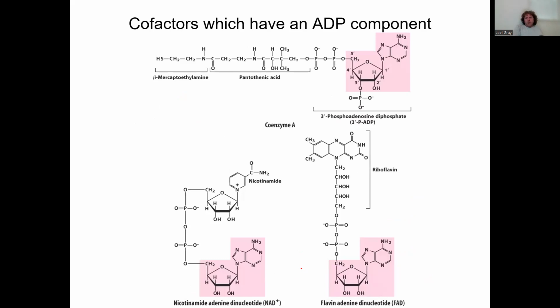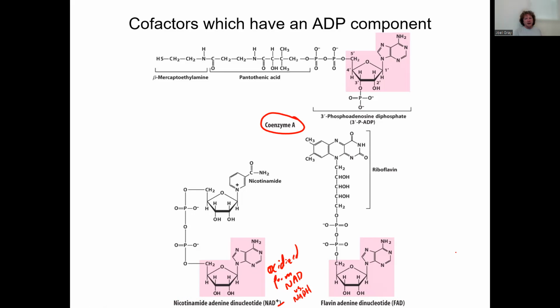There are a number of different molecules that are involved in metabolic processes, and I'm not going to go into this too much, but coenzyme A, nicotinamide adenine dinucleotide, or NAD+, and this is your oxidized form, compared to NADH.